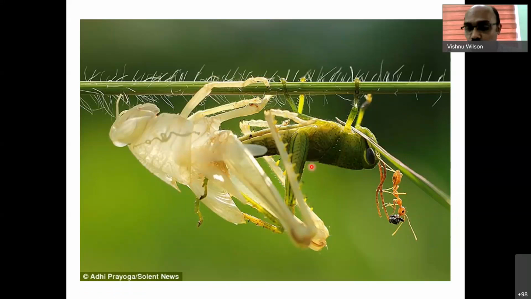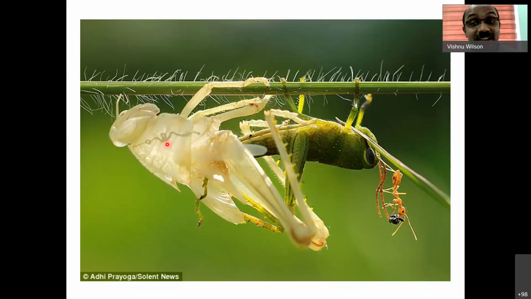So this is a grasshopper. This grasshopper is shedding its old cuticle. By that time the new cuticle is formed, you can see. And this old cuticle discarded, you can see it is just a skin, the outer skin. And this discarded skin, if you see it, has the perfect shape of the grasshopper.